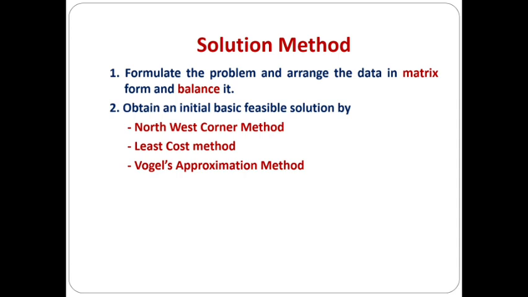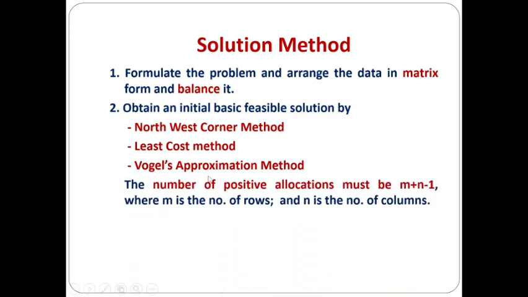Otherwise, I advise you to use Vogel's approximation method, because it gives a near optimum solution, so the number of steps in the optimality procedure will be reduced. So I recommend Vogel's approximation method if it is not specifically given.